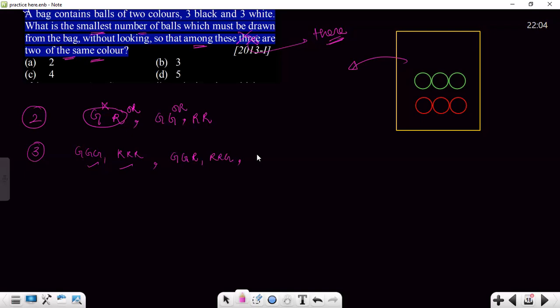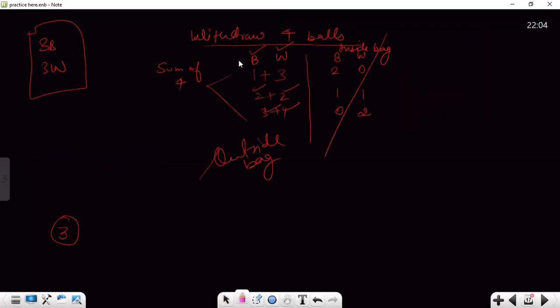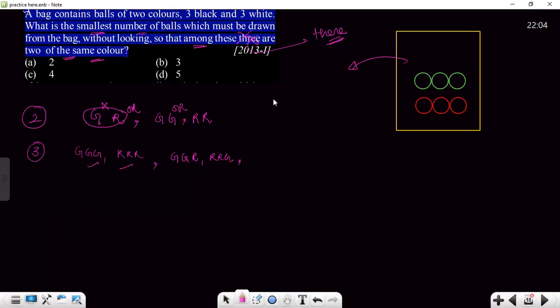Here, what is happening is that we are not getting balls of, see, from here we can understand. If we are withdrawing 4 balls, then after withdrawing 3 balls, it is for sure that we are going to get 2 colors. What we want is variety.